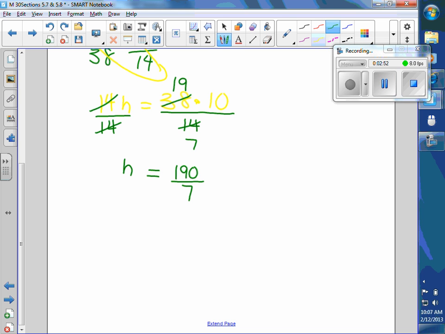And now let's practice the short division. So 7 goes into 19 how many times? 2. So 2 times 7 is 14. What's your remainder? 5. 7 goes into 50 how many times? 7, right? And your remainder is 1, so put a decimal.